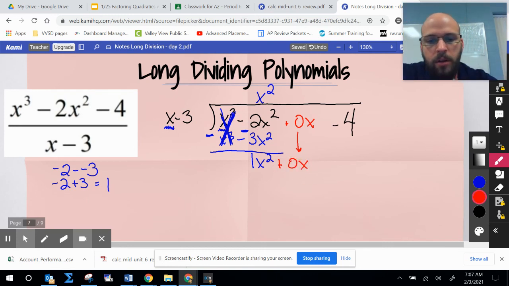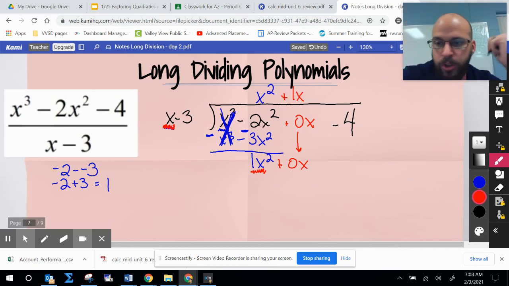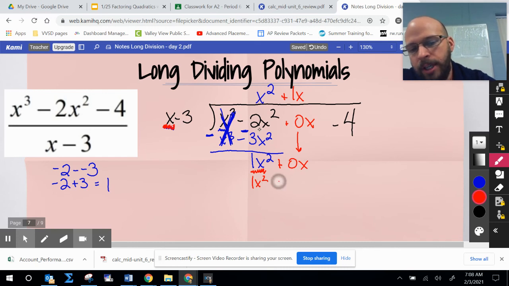Now I'm going to have my eyes focused on the first term of the outside and the first term of my new problem. So what do I have to multiply x by to get a 1x squared? Well, a 1x, or just x if you want to put that. 1x times x is 1x squared, which is what we want. 1x times negative 3 is a negative 3x.